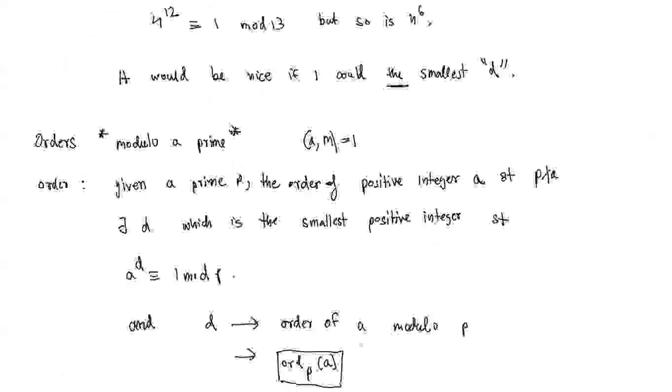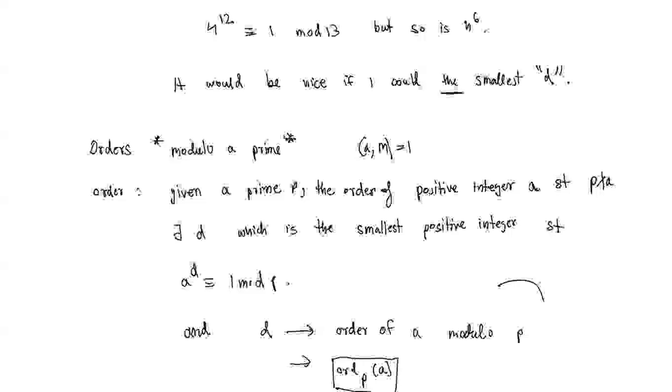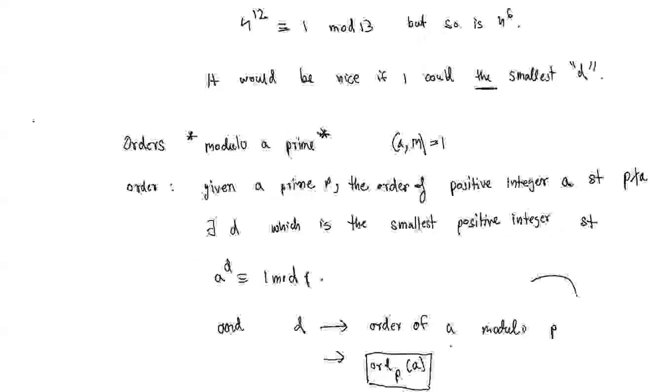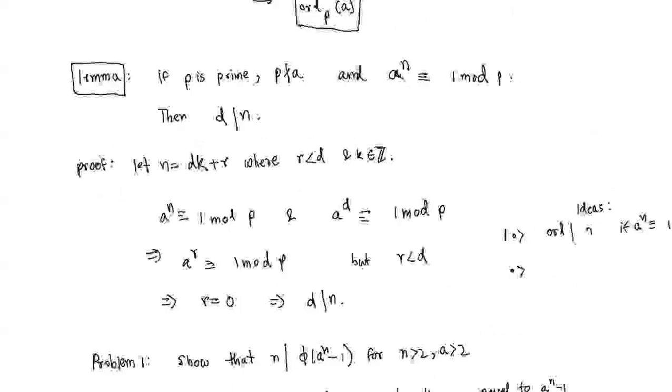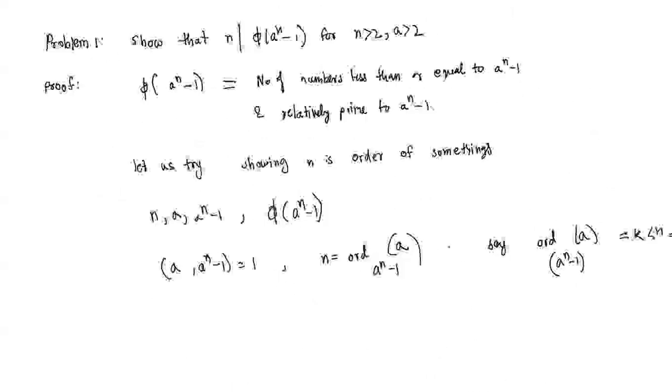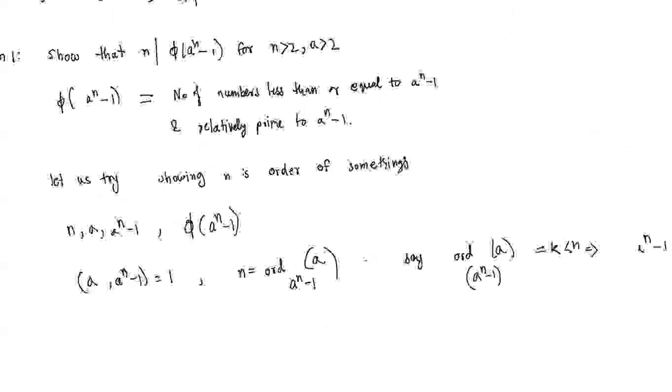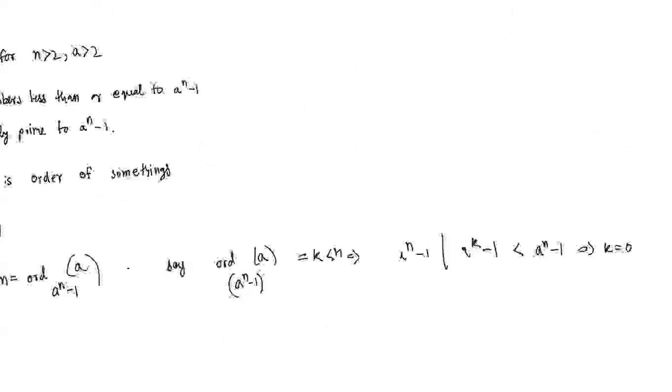I was working with modular prime, but it works for non-prime moduli too. Anyways, so we get that k is 0.